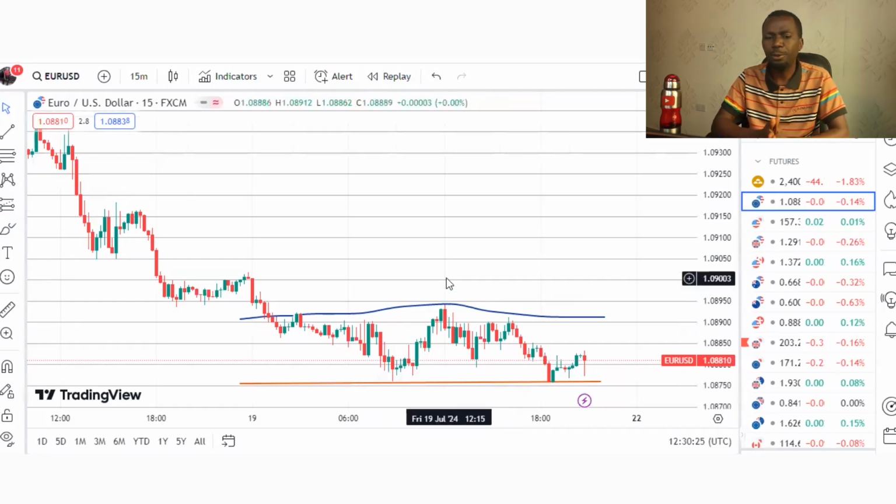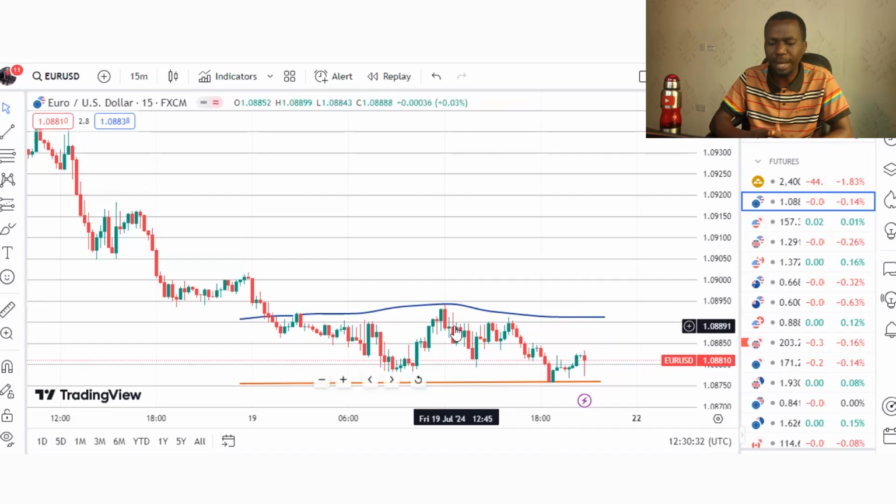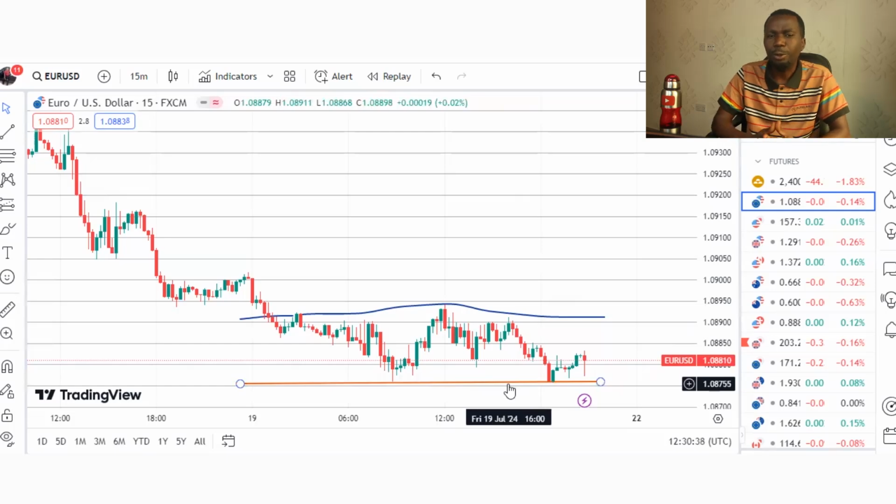But what I want you to know is that this cannot be a key level because this is a lower time frame, right? Price can easily break above this level or below this level, right? So what you are expected to do is to look at key levels.